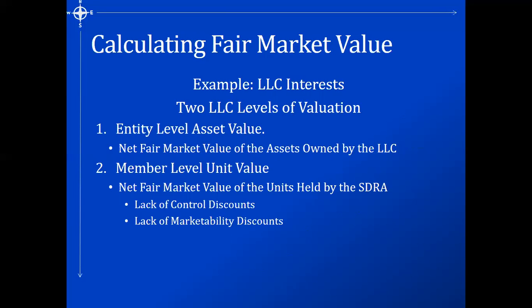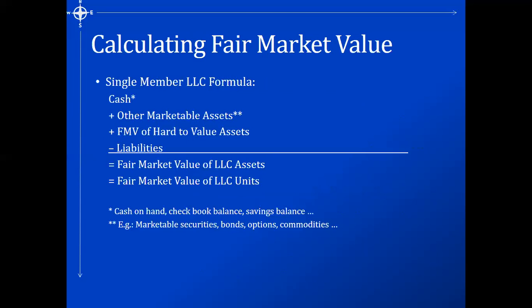So it's the LLC interests that they're trying to determine the value of for their reporting purposes. And if it's a multi-member LLC and your retirement account owns less than 50% of the value, you also have to take into account lack of control discounts and lack of marketability discounts. So let's take a look at how that works.